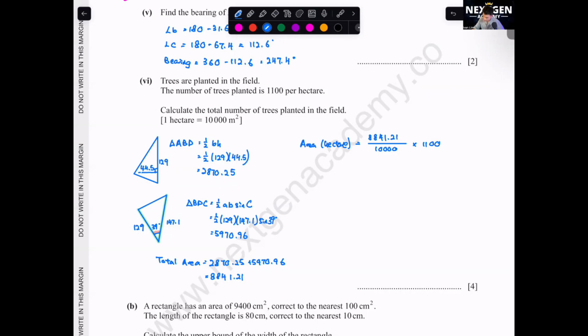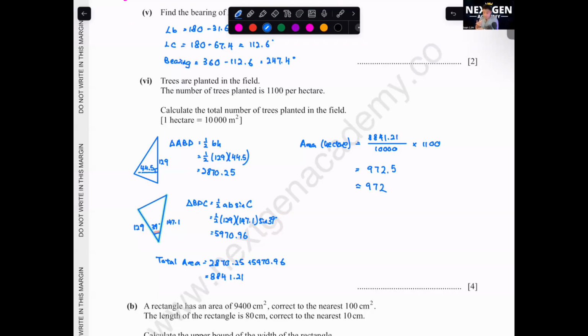Okay, the answer over here that I got is, okay, this one also depends on what value that you use, because some of you may use the exact value, some of you may use a rounded up value. Okay, based on my calculation and whatever that I put in the calculator, I got 972.5 here. Okay, for me, I will write 972, because if it's a 0.5, right, means you only can plant half a tree, right?